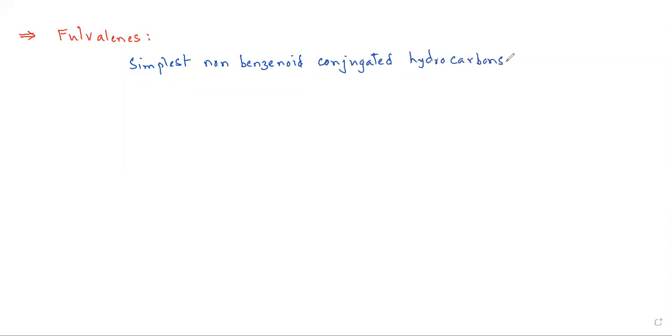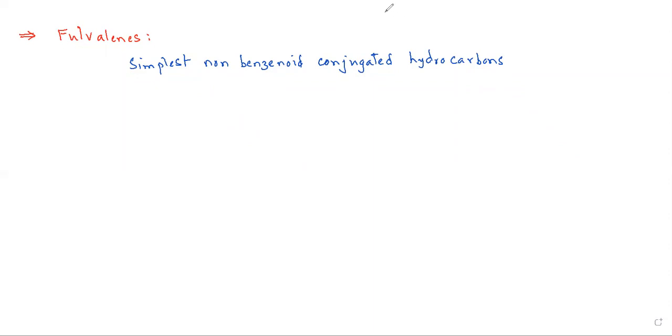As I said, even these don't seem to be aromatic under normal conditions. But when you consider their dipolar structure, they seem to be exhibiting aromaticism.